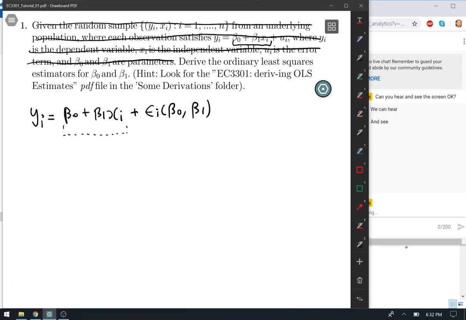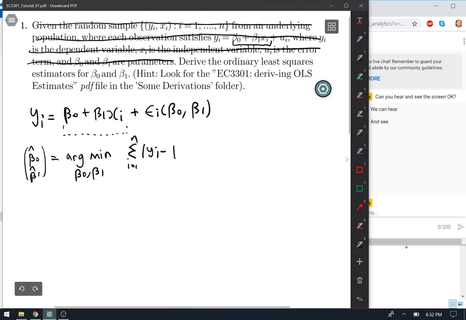So the definition of the OLS estimator, stacked into a vector, b0 hat and b1 hat, is the argument that minimizes across all values of b0 and b1 the sum of squared residuals, yi minus b0 minus b1 xi, squared.